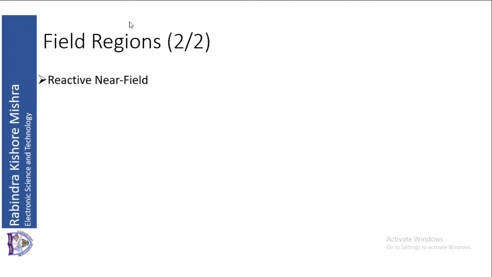So now consider the properties of the reactive near field. In the reactive near field, the electric and magnetic fields are in phase quadrature. That is, their phase difference is approximately pi by 2, as in the case of a reactive device.